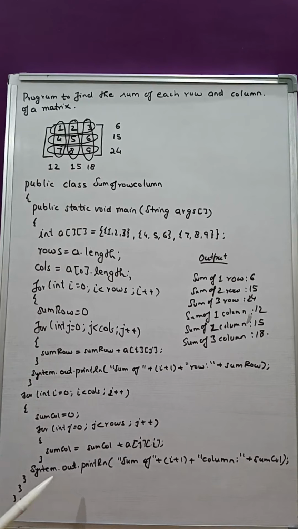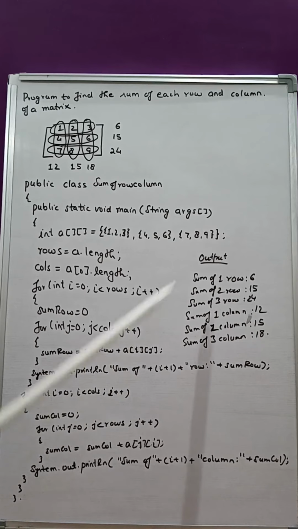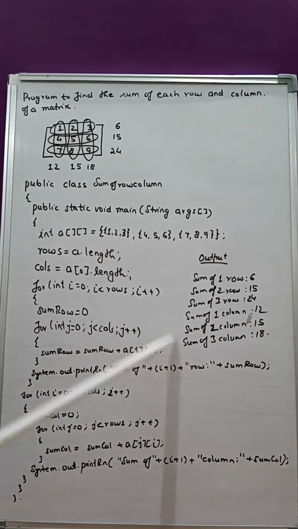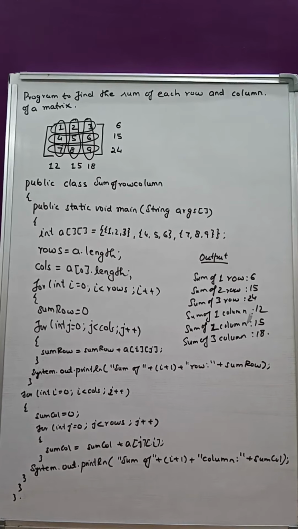The traversal will happen in a similar way, because j is considered as the row and i is considered as the column. In this way the program will run, and this will be the final output, printing the sum of the rows and the sum of the columns in an array or matrix. So that's it in this video.